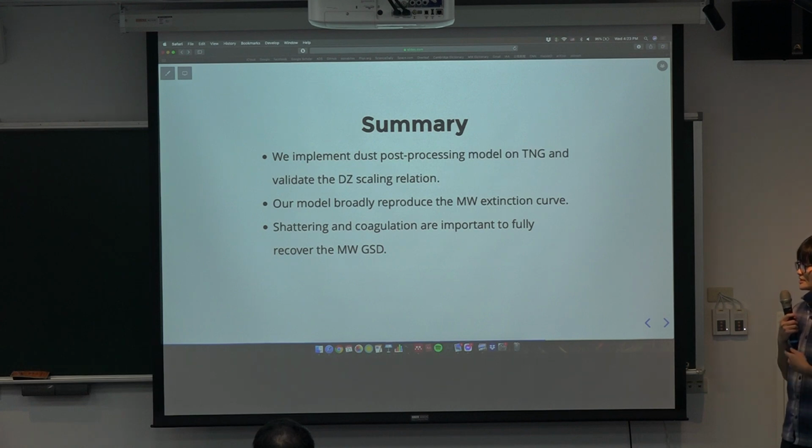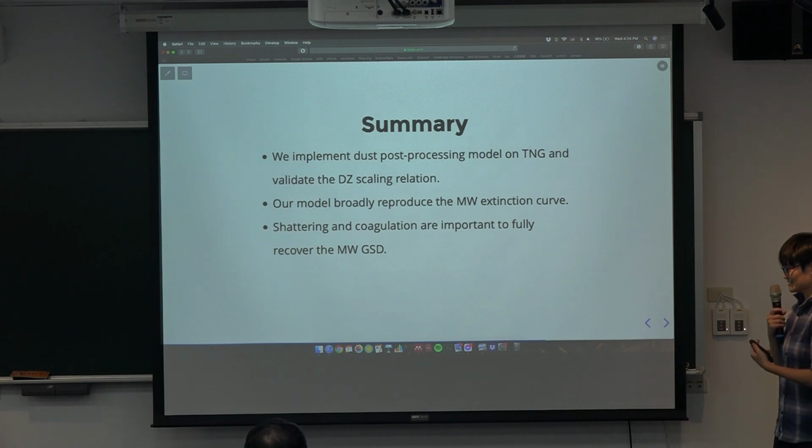And also, I have to remind you that shattering and coagulation are important to recover a Milky Way grain size distribution. And also that there are some challenges here, and I would be happy if I can solve them one day. But yeah, that's all I can do for now. Thank you.